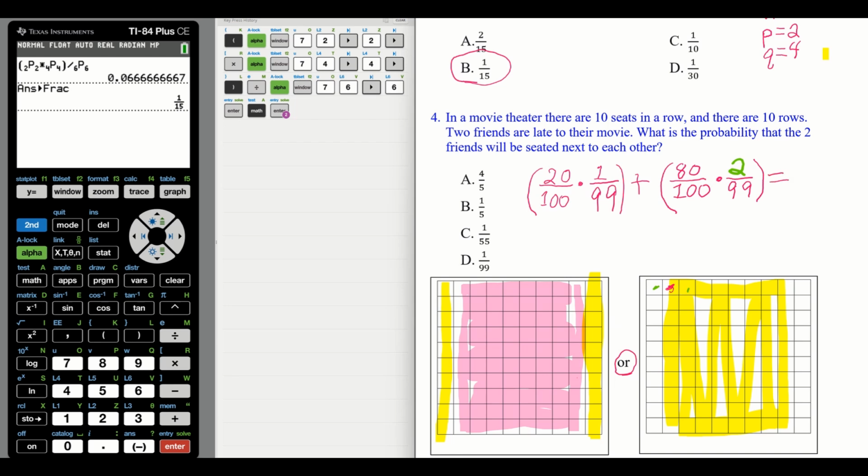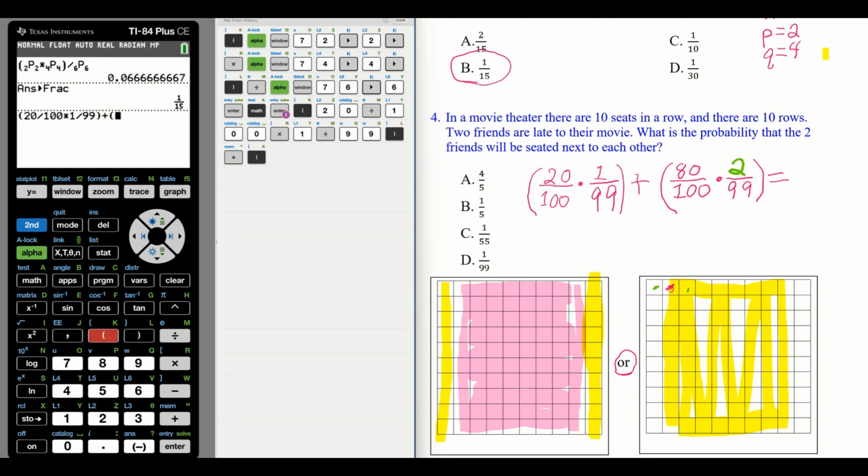Okay. Let's put that in our calculator and see what we get. All right. For order of operations, we have parentheses 20 out of 100 times 1 out of the 99. Close your parentheses. Addition, parentheses.